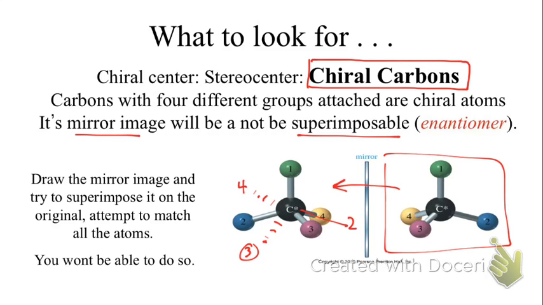So that clearly doesn't superimpose. Okay, carbon 1 overlaps, so that's nice. So carbon 1's in the correct spot. I'm going to hold on to that and rotate around that bond. I'm going to try and swing atom number 2 over to the other side of the structure.